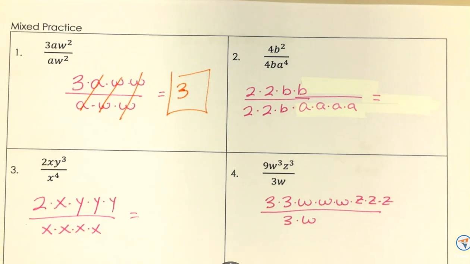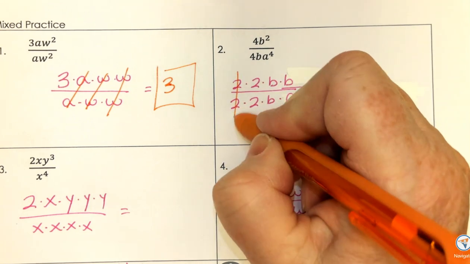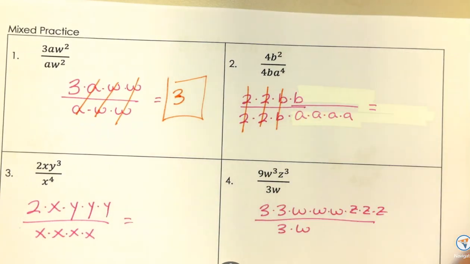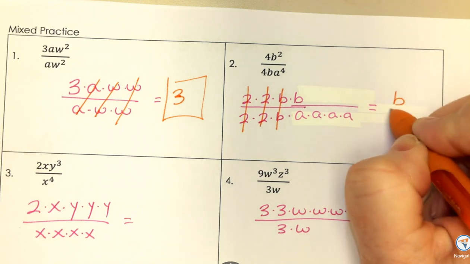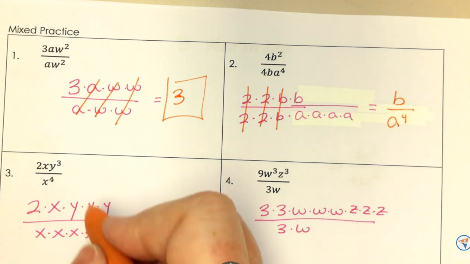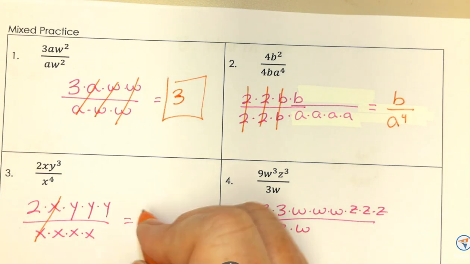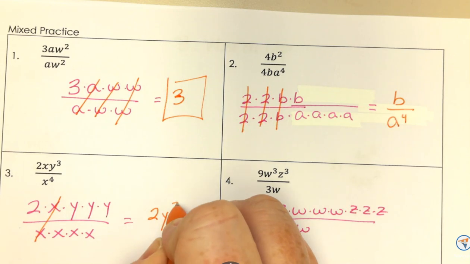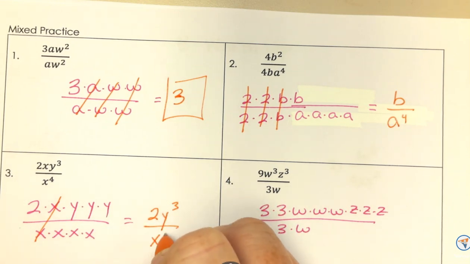Sorry about that. My brain kind of went a little zip. Cancel, cancel, cancel the B's. I'm left with a B on the top, A to the 4th on the bottom. Cancel the X, that's it. I have 2Y to the 3rd on the top, X to the 3rd on the bottom.